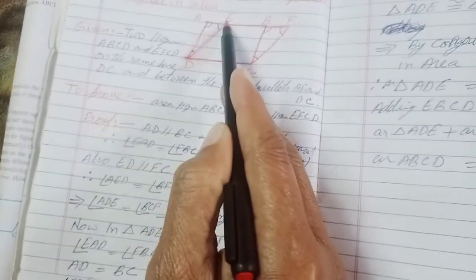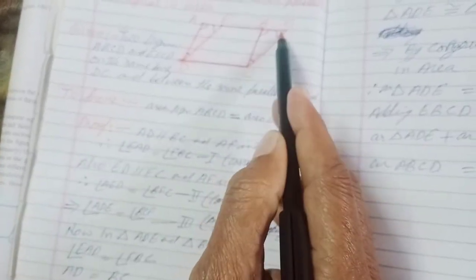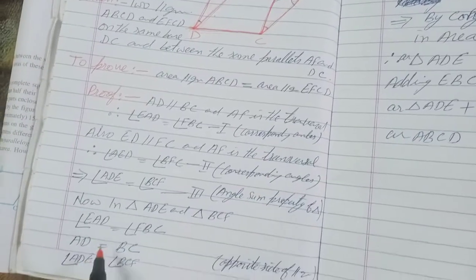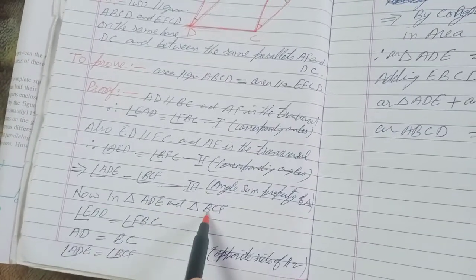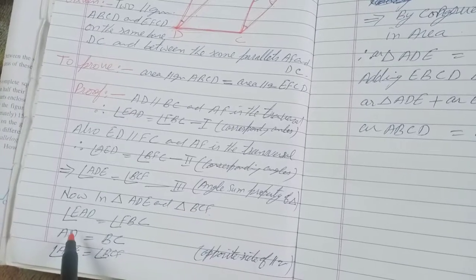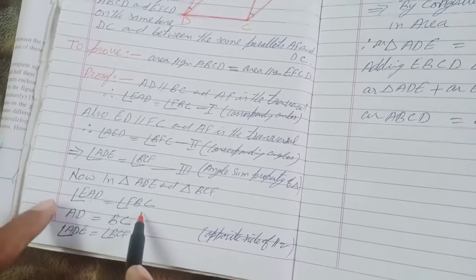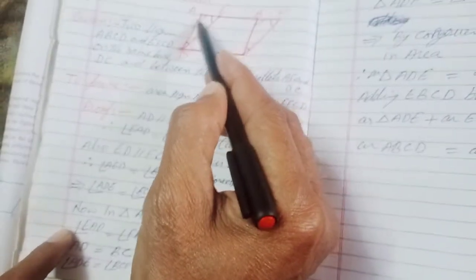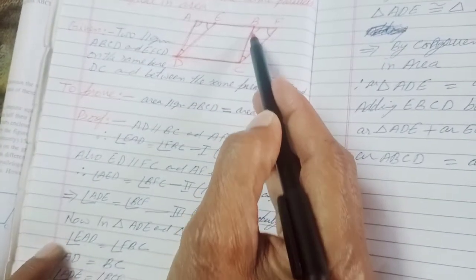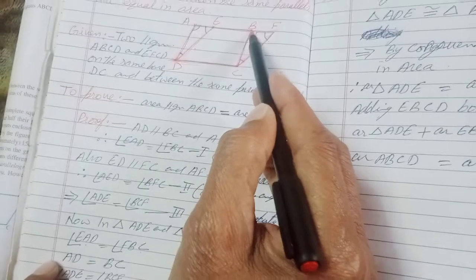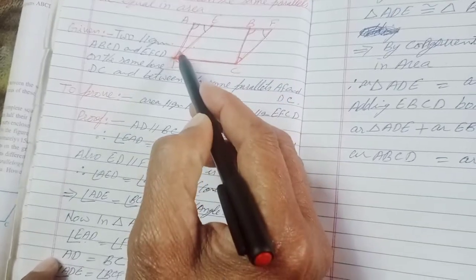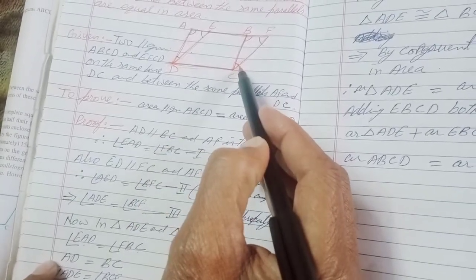Now let us take these two triangles. Triangle ADE and triangle BCF. In triangle ADE and triangle BCF, we have angle EAD is equal to angle FBC. This angle is equal to this angle. And AD is equal to BC. And this angle is equal to this angle.